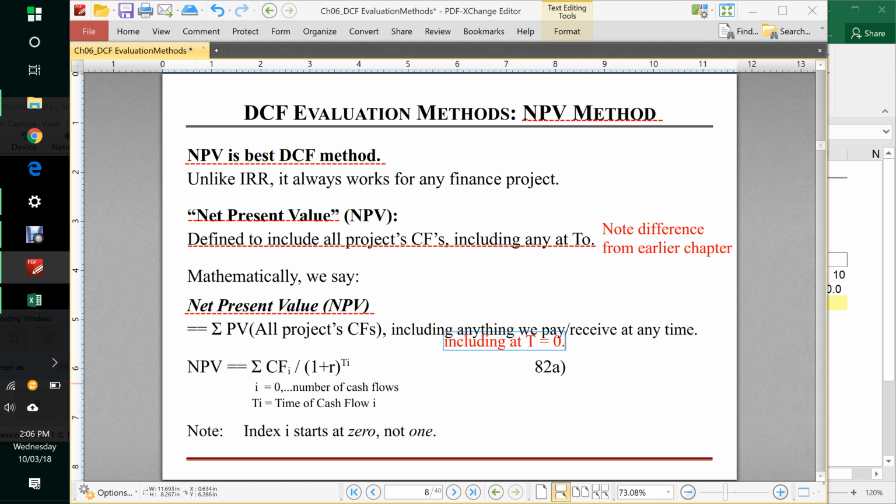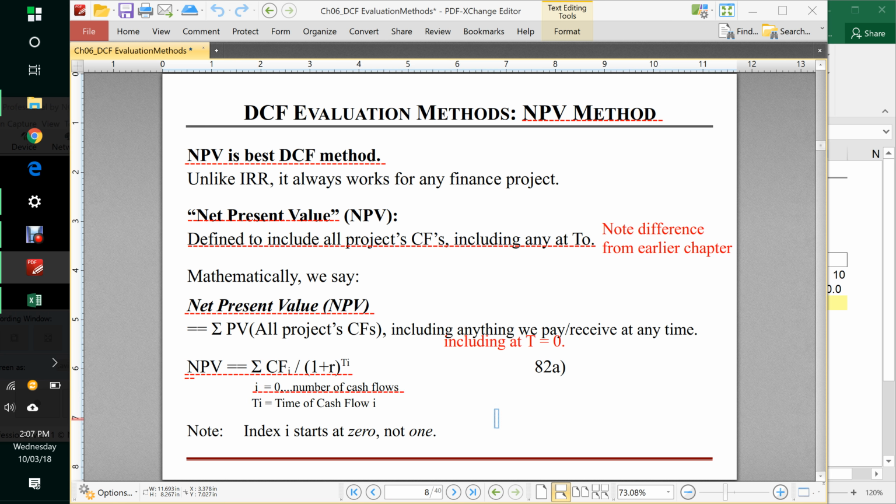How are we going to write that in summation notation? We're going to write it just like this. It looks very familiar to what we've seen previously defined as PV. The reason that we have an N here now is because now we're considering all the cash flows, not just the future cash flows.